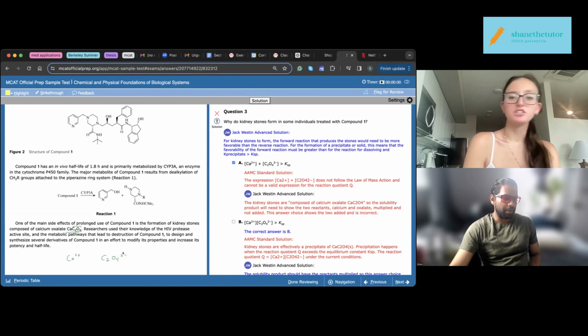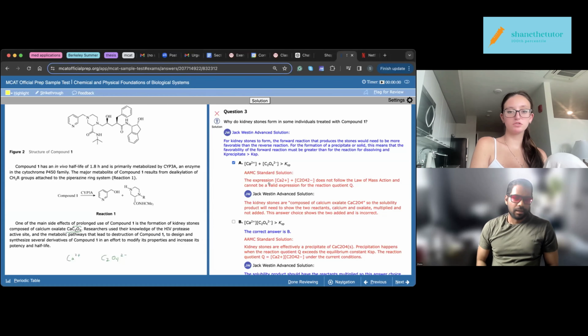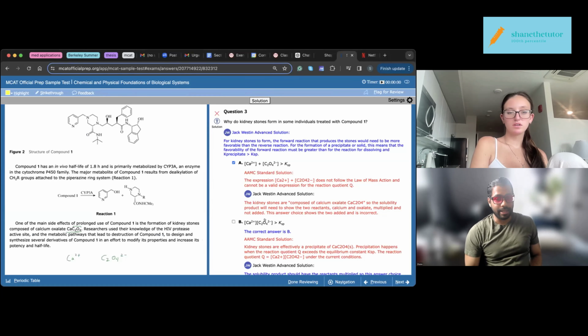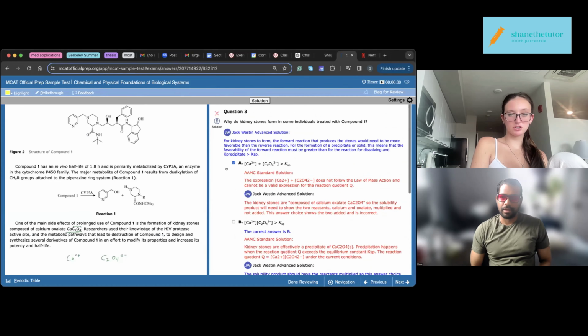Okay, so if I see KSP, then I know I need to be multiplying the product in the solution. If you see K anything, it's always a multiplication. It'll never be addition. Correct.